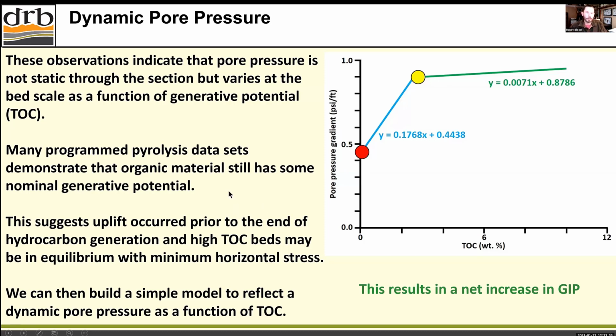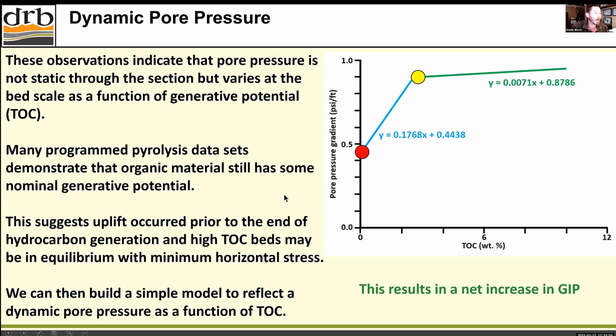So what that tells me is that these rocks are generating an overpressure, they're fracturing and bleeding some of that off, and then they're closing down when they come back down to the minimum horizontal stress gradient, and then it gets uplifted there.